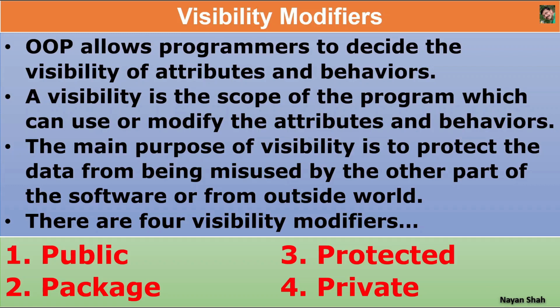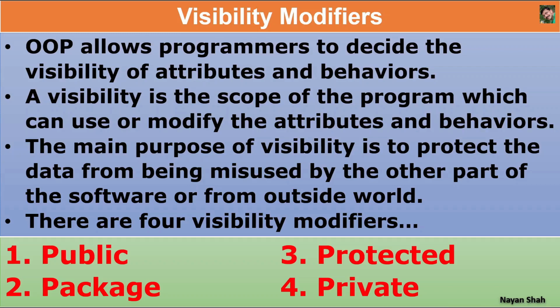When you declare any method or any variable as public, that variable or method is available everywhere in any program, regardless of the program. When you declare any variable, that is attribute, or method, that is behavior, as public, it is accessible by anybody, any program.